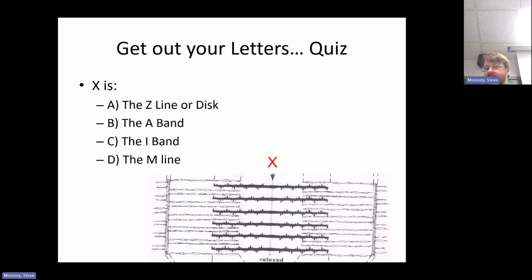So letters, let's see if we remember from the other side of break. X is the Z line or disc, the A band, the I band, or the M line.